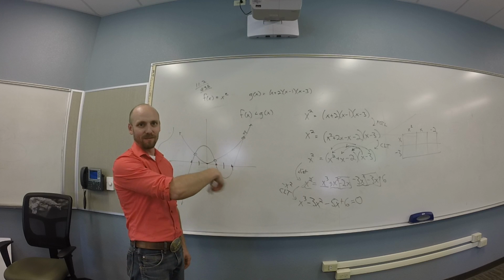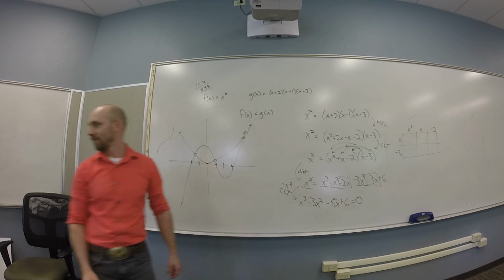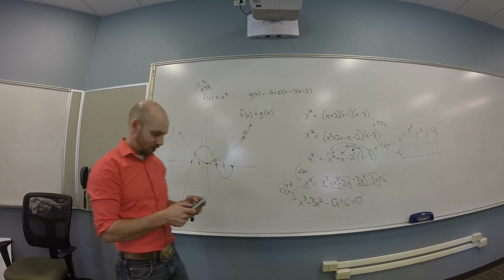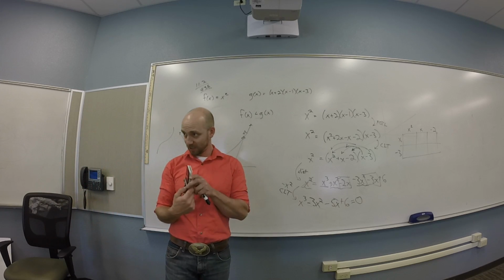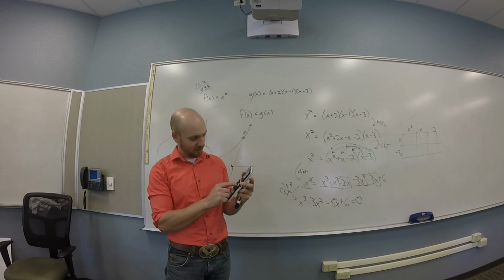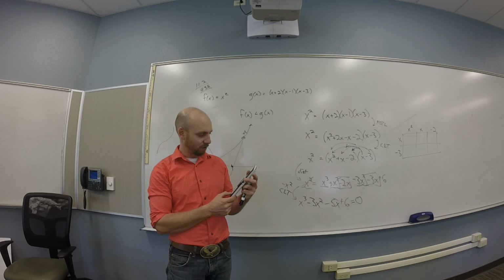So can somebody give me an approximation out of a calculator? Go. What do you got? That's what it looks like. So we graph this, and then you want to trick? If you hit second, calculate, there's an option for zeros.